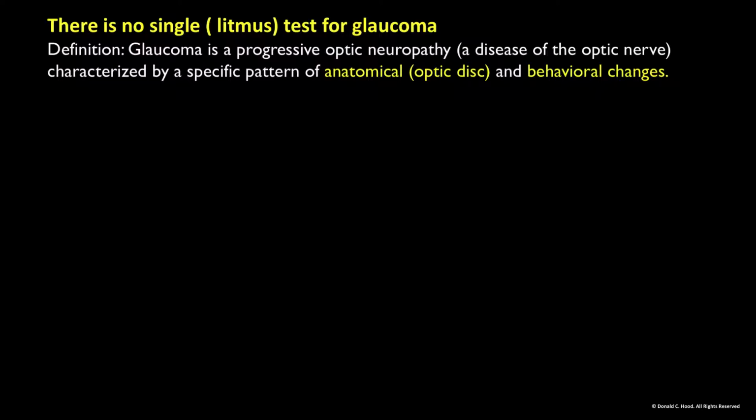No blood test, no single test. So glaucoma is often described as a progressive optic neuropathy, meaning a disease of the optic nerve, that's characterized by a specific pattern of anatomical and behavioral changes.